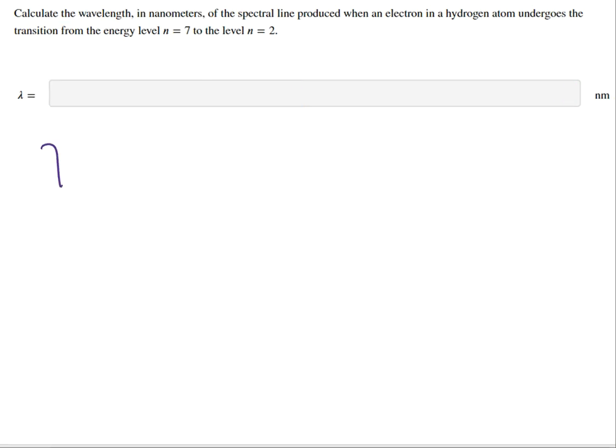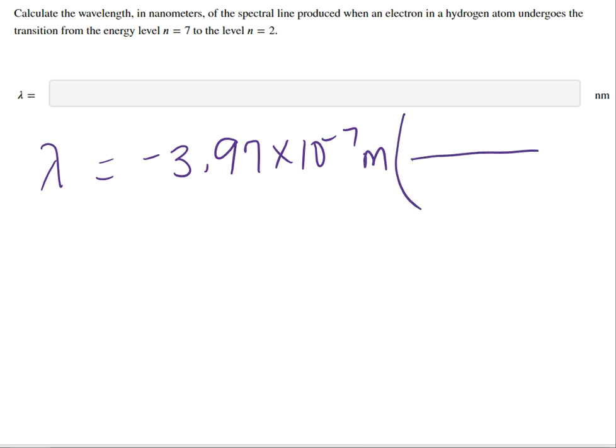So if our wavelength is shown to be a negative 3.97 times 10 to the minus 7 meters, we have to convert it. In order to convert it, we have to show the relationship between the meter and the nanometer. So ask yourself, is there a direct relationship? And there is, because nano is a prefix, so we can simply indicate the relationship between the meter and the nanometer.